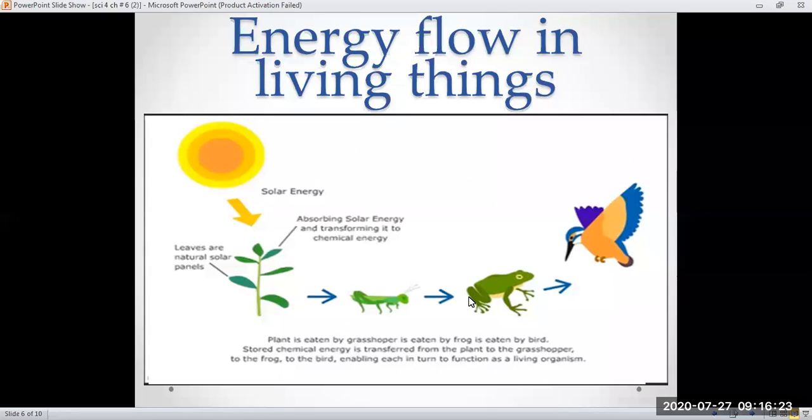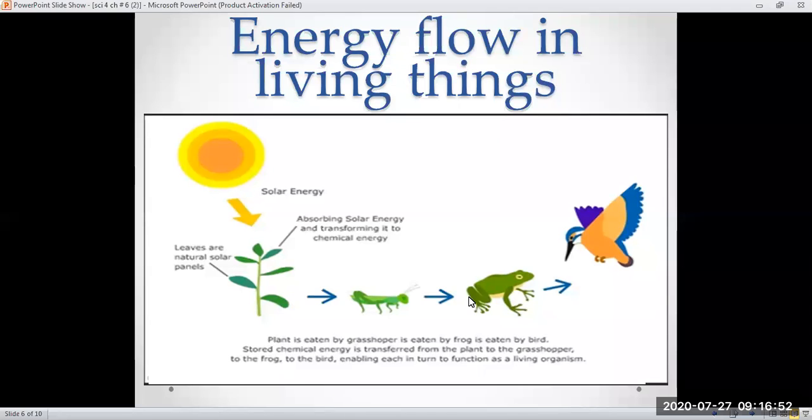We eat fruits and vegetables, and for making these fruits and vegetables sunlight is necessary. Those plants make their food as a result of photosynthesis, and they need sunlight. So directly or indirectly, the major source of the food we eat is sunlight.